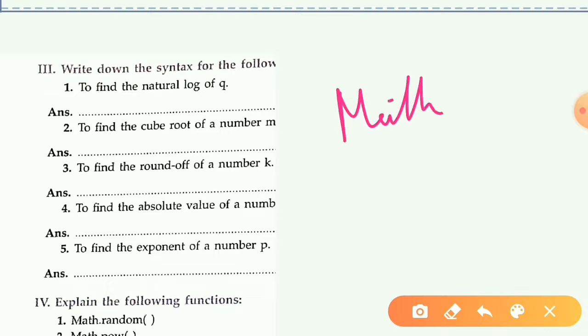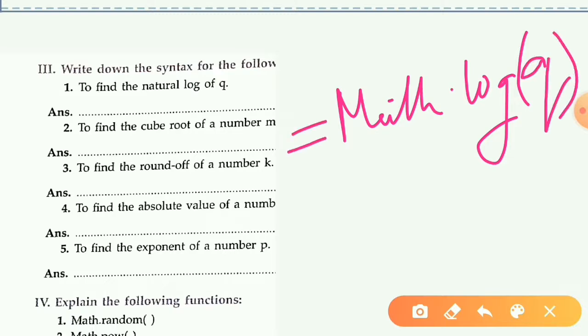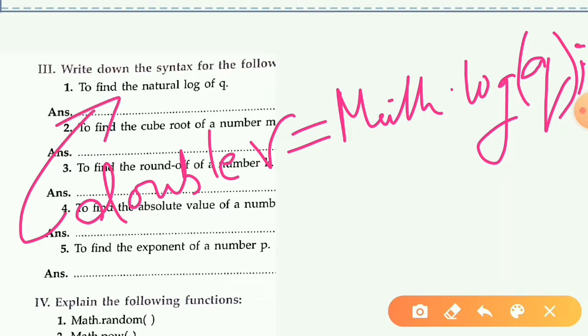Math dot log, and in bracket you are going to give your this q value. And see, this math.log is going to give you a double number, so you will be getting what? Double v. Double v equals to math.log(q), and afterwards your semicolon. This is the answer for your first one.